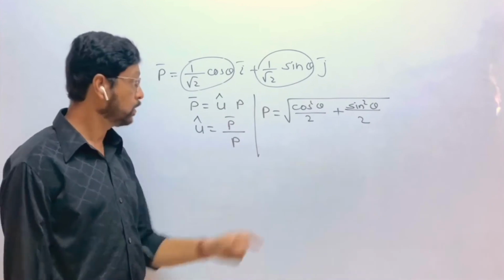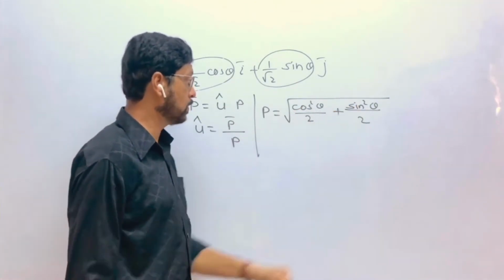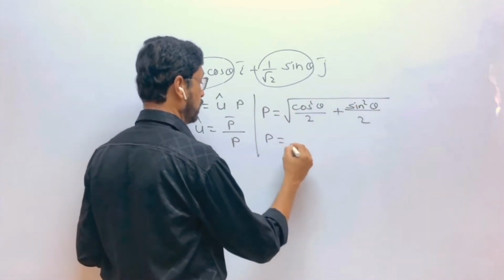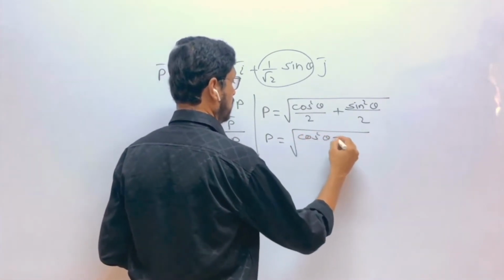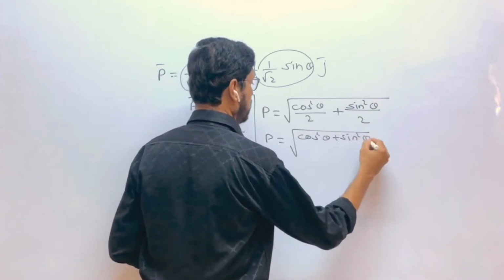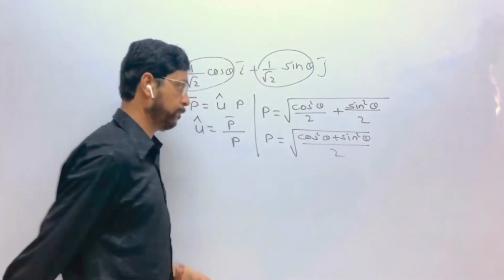Is it right? Cos square theta upon 2 plus sin square theta upon 2.